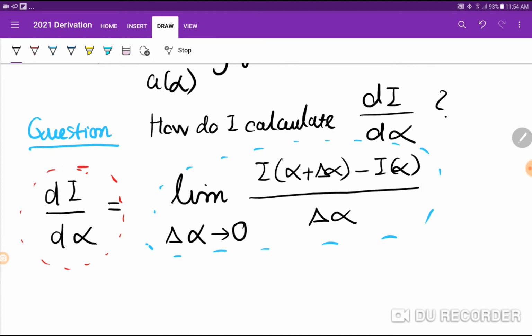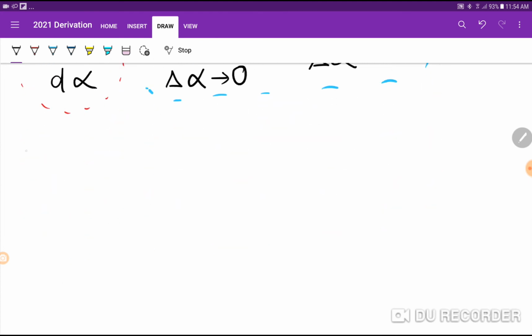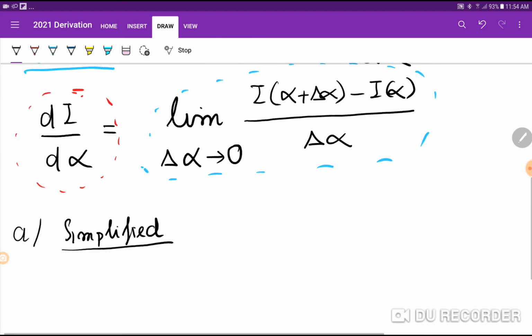Okay, so small step A. I'm gonna calculate. Oh, calculate is the wrong word. There's no number here. Bad news for engineers. I'm gonna simplify. Okay, I think this is the best word to use. Simplify this.